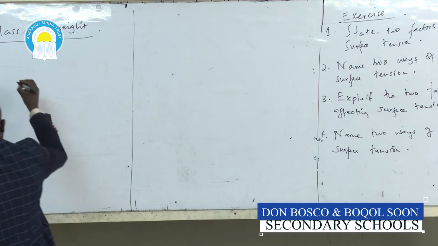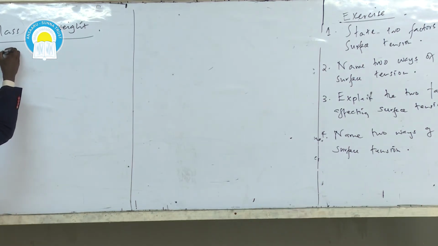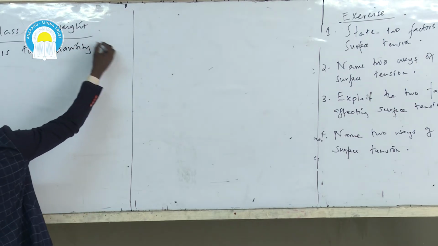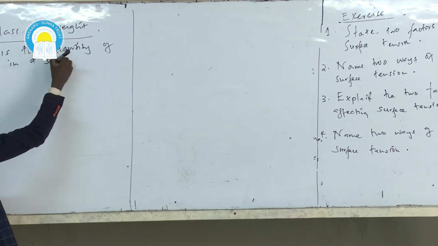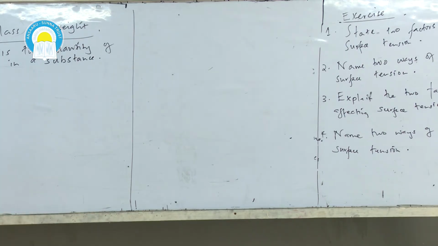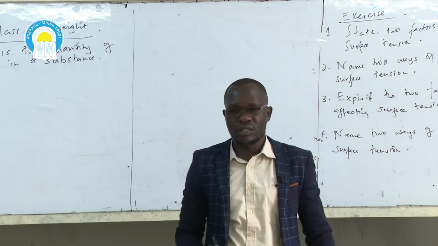Now, mass we define as the quantity of matter in a substance. That is how we define mass. Mass is the quantity of matter in a substance.